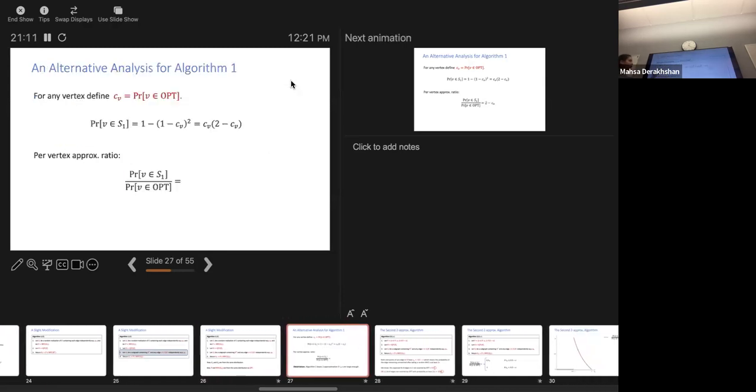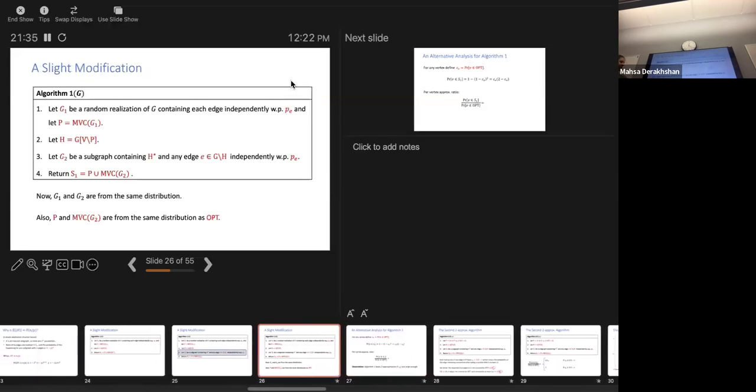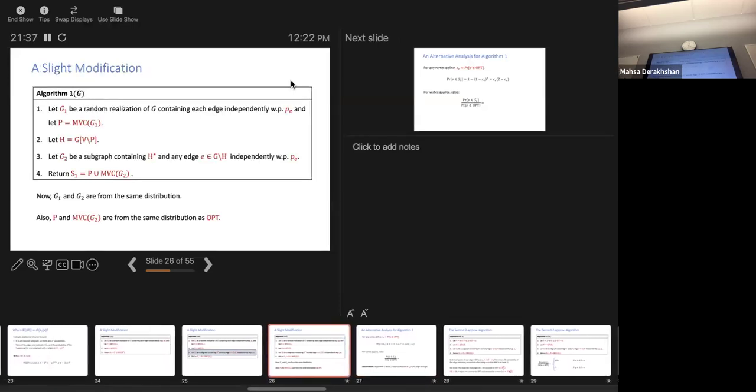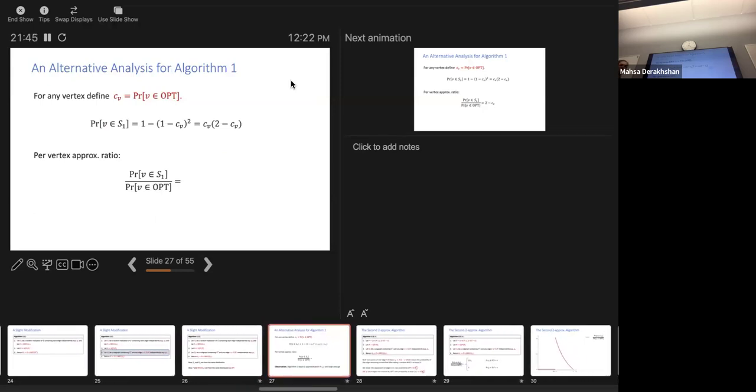So that would be 1 minus the probability that it's not in either, which would be C_v times (2 minus C_v). This is the probability that v is in S1. S1 is the output of the algorithm we discussed.